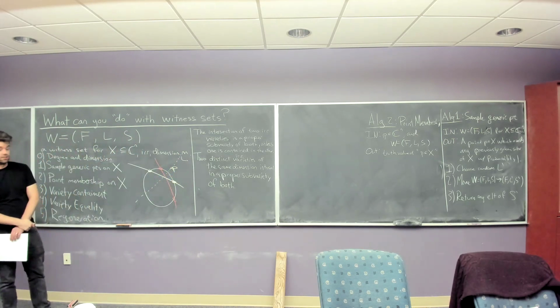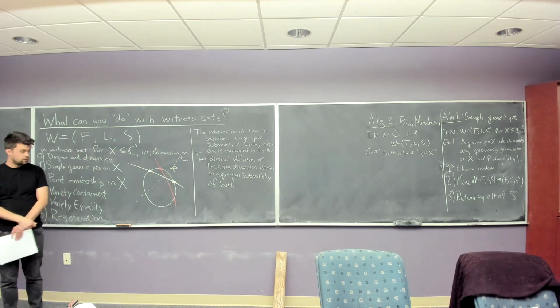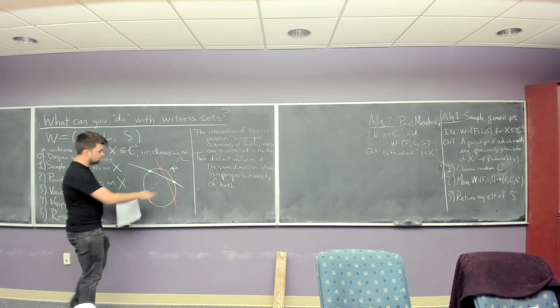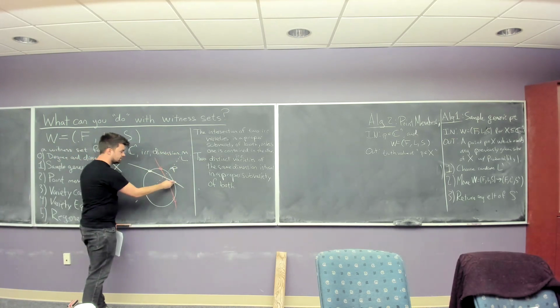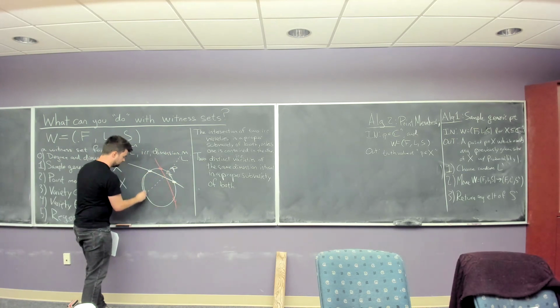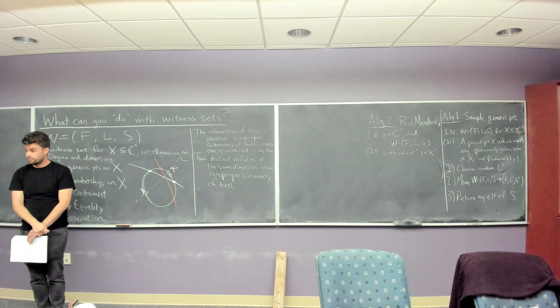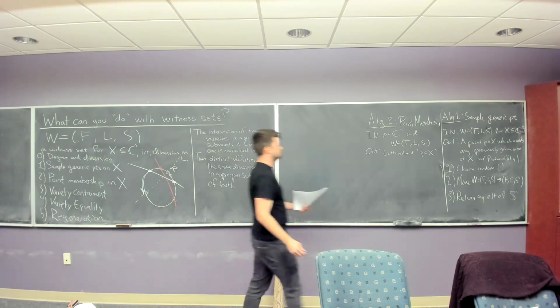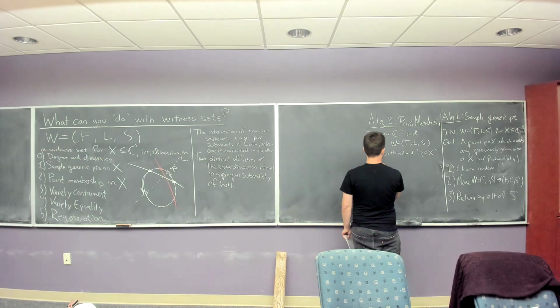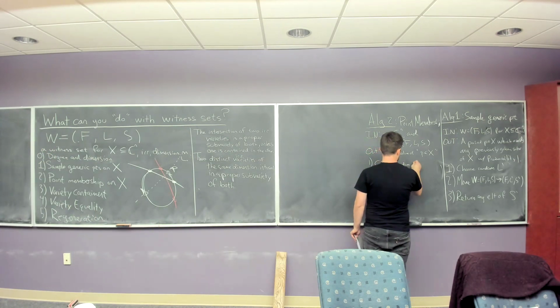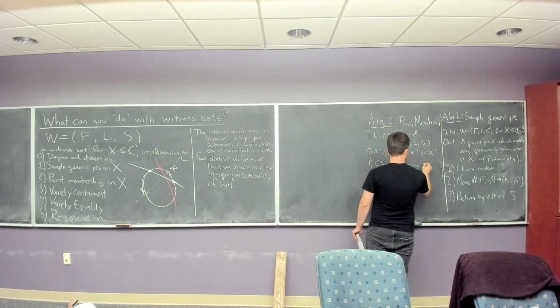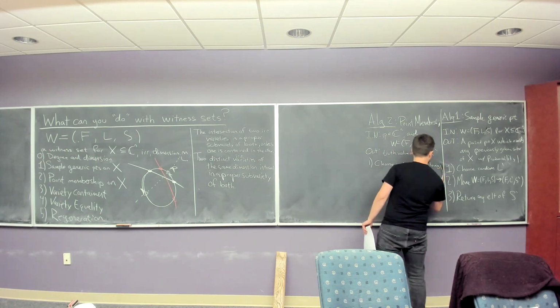Pick a generic linear slice through P. Move your witness set to that linear slice and see whether or not P is one of your witness points.